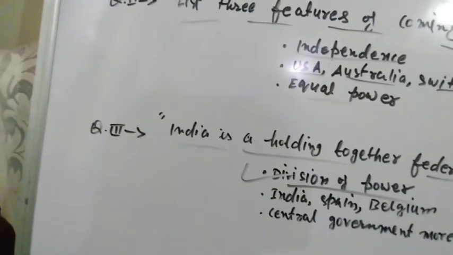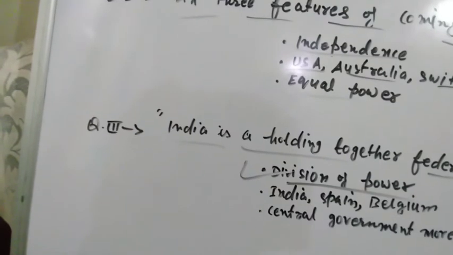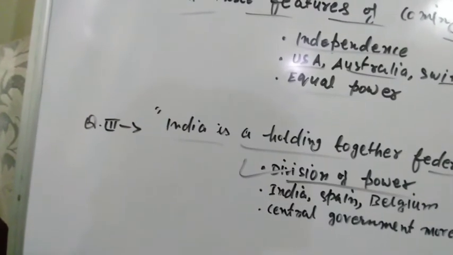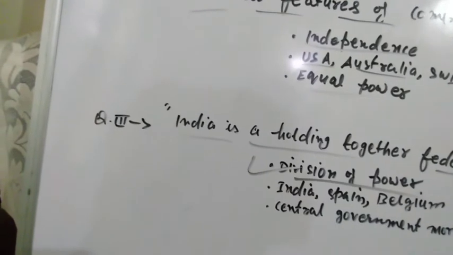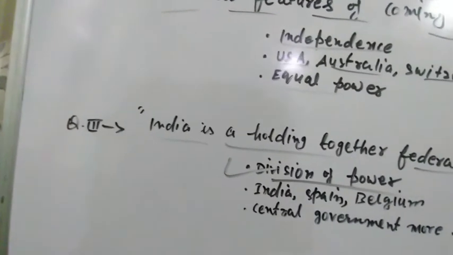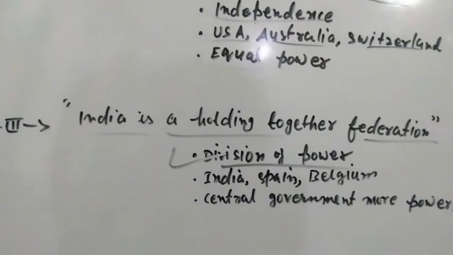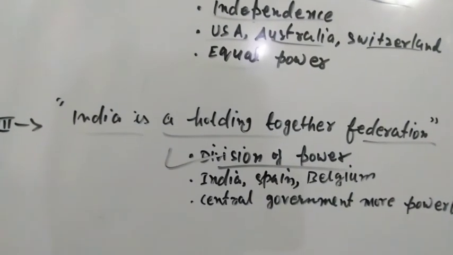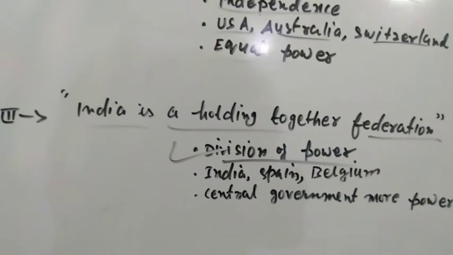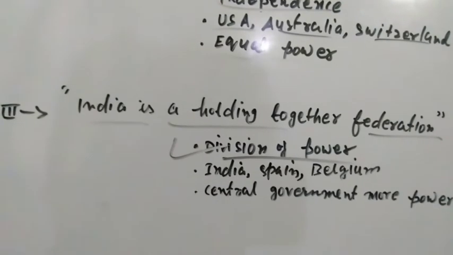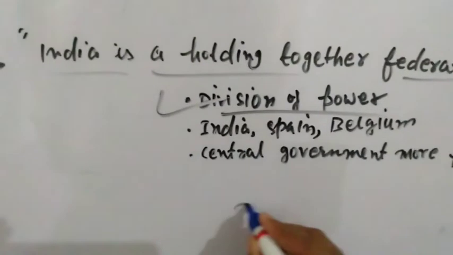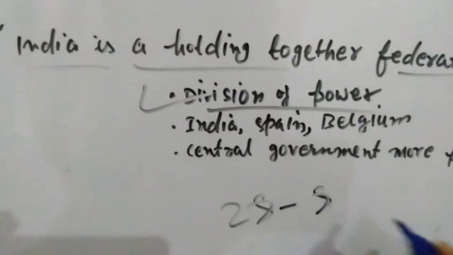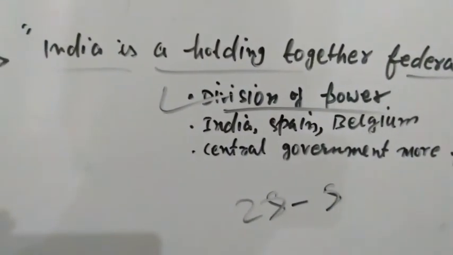Holding together federation refers to a country where a large country decides to divide its power among central and state government for better administration. Countries like Belgium, Spain and India have holding together federation. Let me explain it with the example of India. You know that there are 28 states and 8 union territories in India.